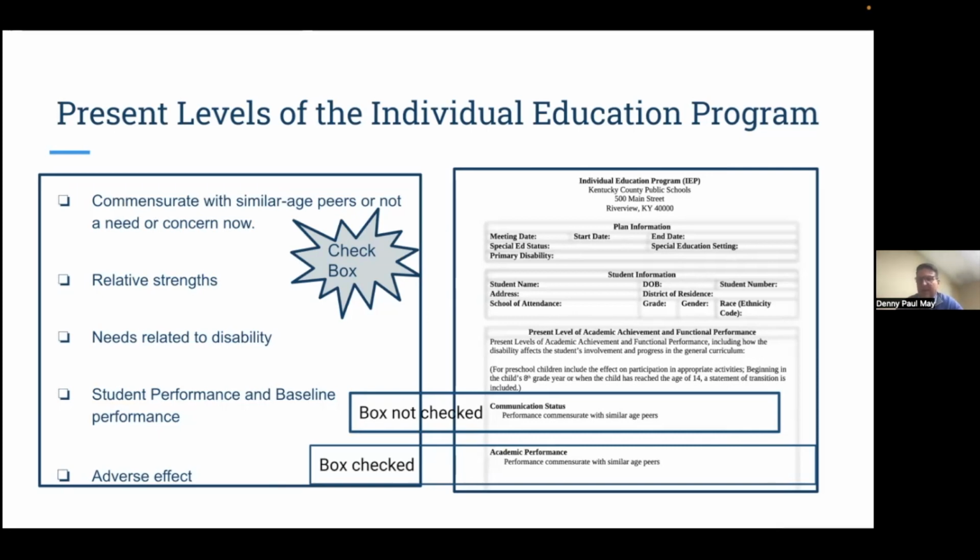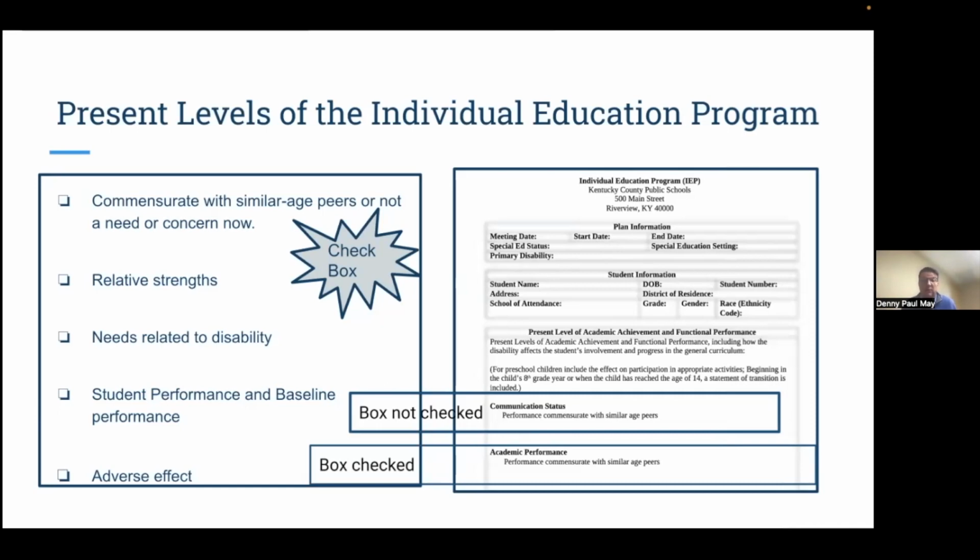And then really treat that. When you're reading back through that, can I say I can see the adverse effect? I know how the disability is impacting the student's progress in these areas that are foundational to the IEP: academics, your transition piece, your functional piece, and your behavioral piece.